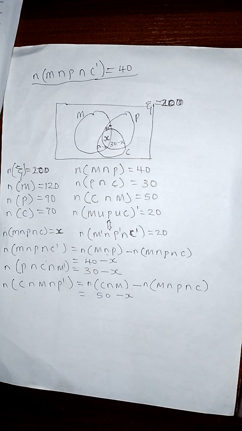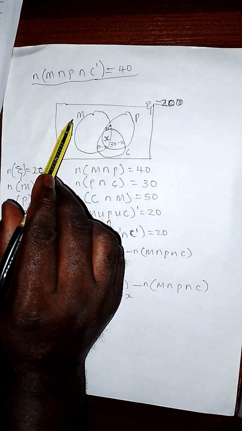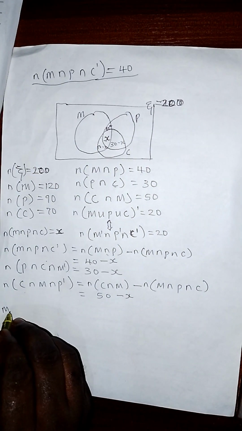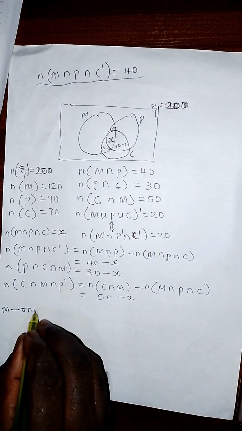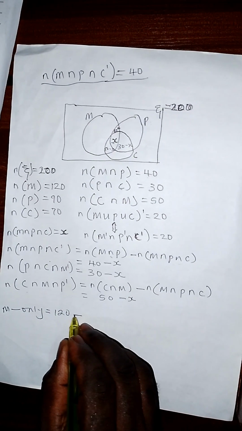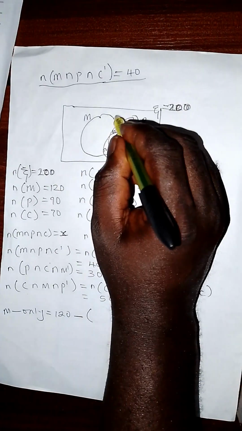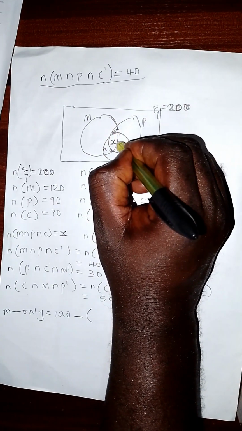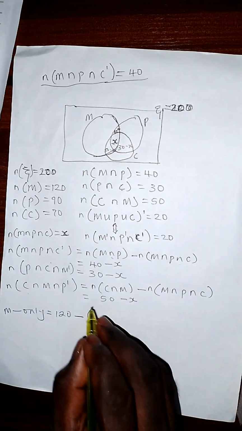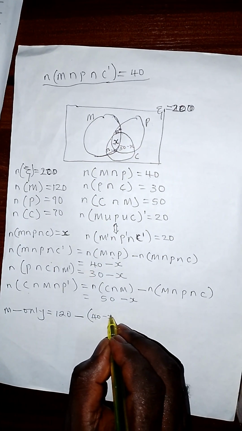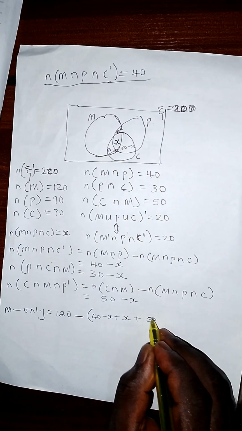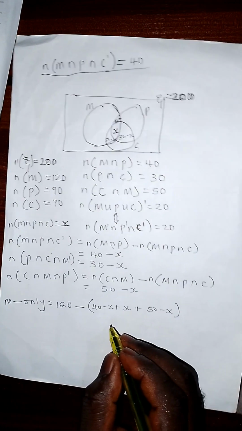Now that is correctly done already. Then we want to find the number that offer mathematics only, M only. To find that is to say 120 minus all the parameters that are around mathematics here. Are you seeing the way I'm doing it? That is 40 minus X plus X plus 50 minus X. Please, this is so important.